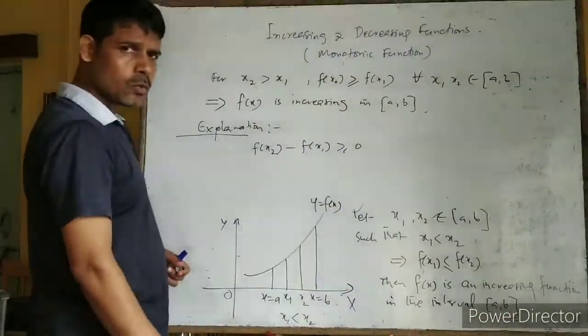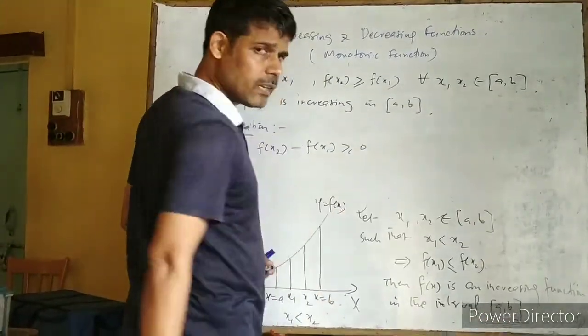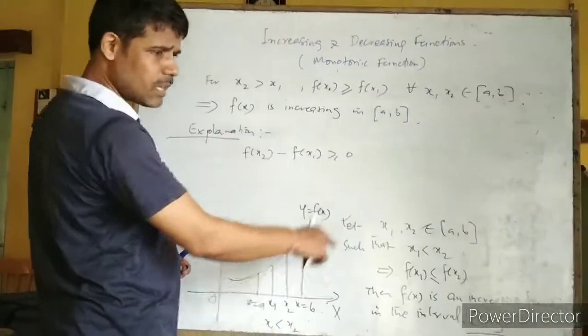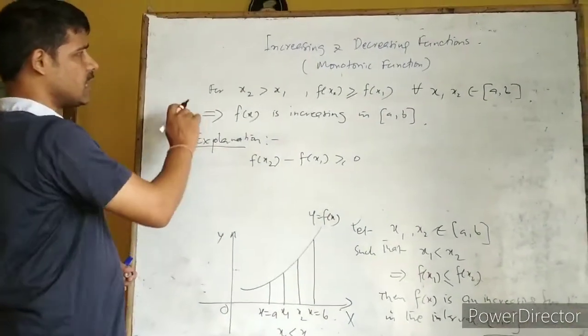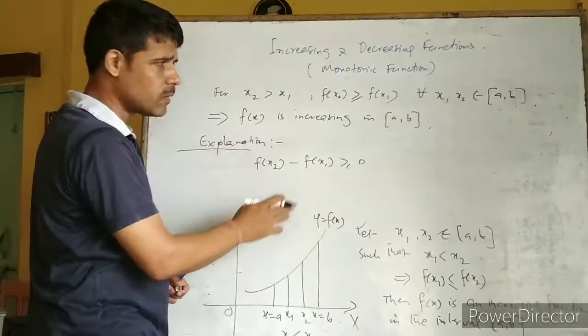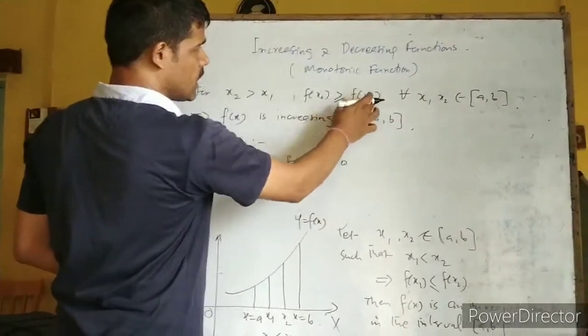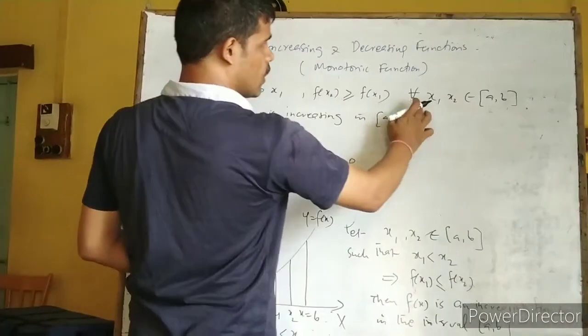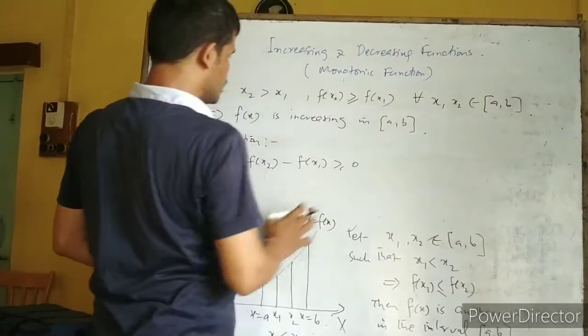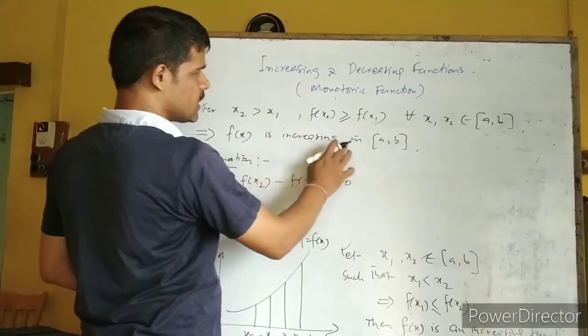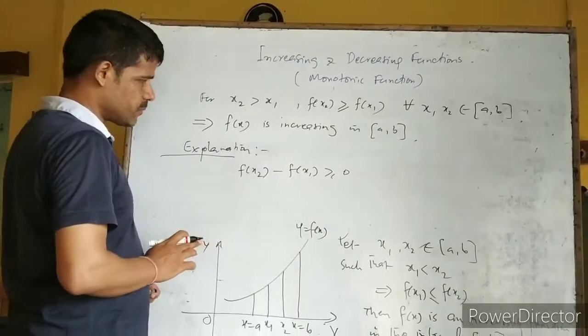And this happens to be true for all x1, x2 in the interval AB. So the same thing can be written in a different way, that is for x2 greater than x1, f(x2) greater than or equal to f(x1), for x1, x2 belonging to this, then f(x) is increasing in this, right?